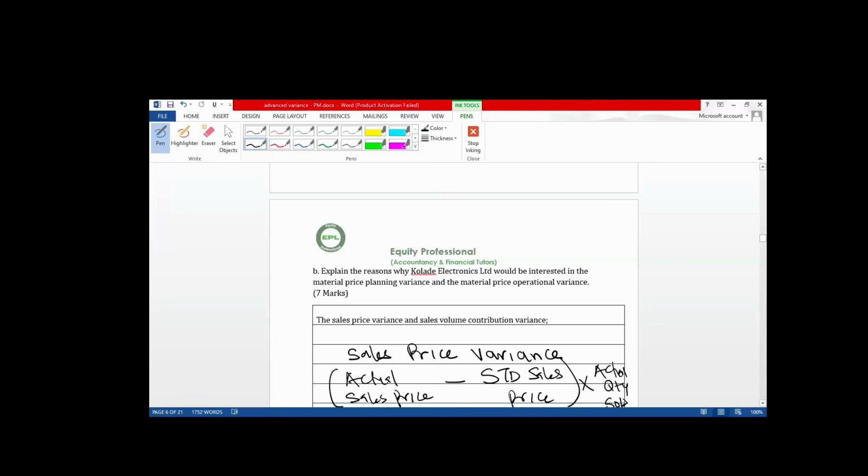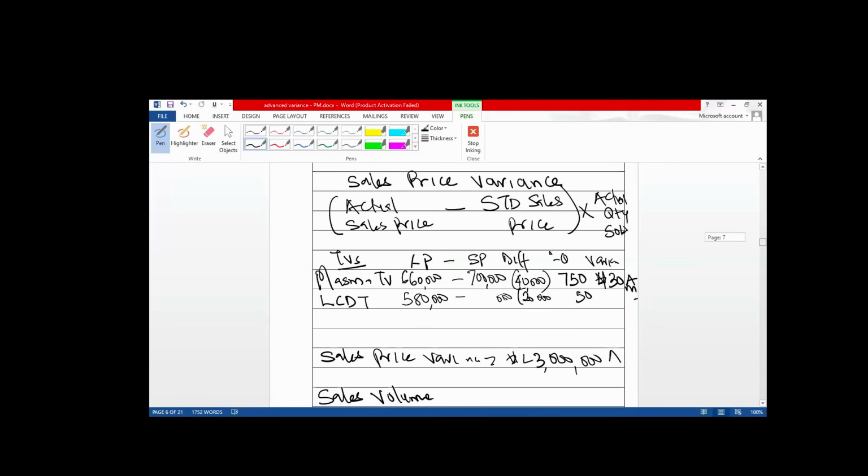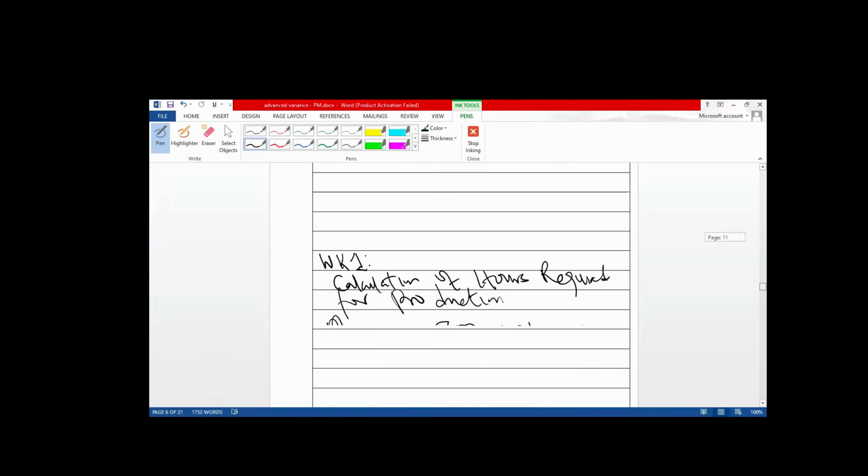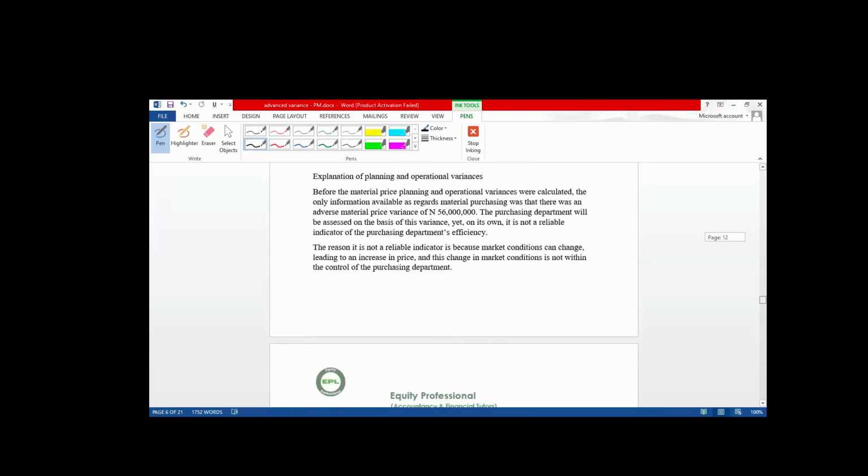You can read the notice here, but we have done the summary. Look at it. Before the material price planning and operational variances were calculated, the only information available as regards material purchasing was that there was an adverse material price variance of 56 million. The purchasing department would be assessed on the basis of this variance.